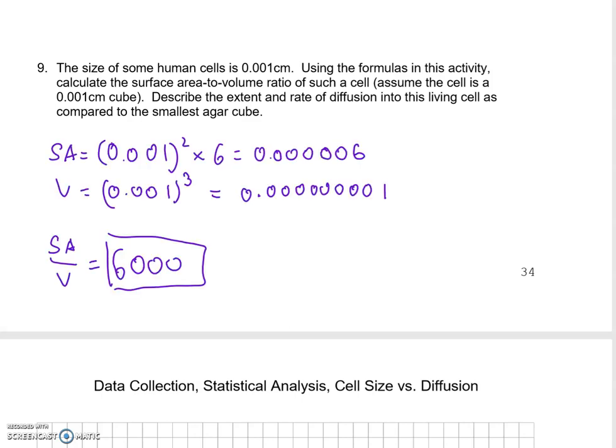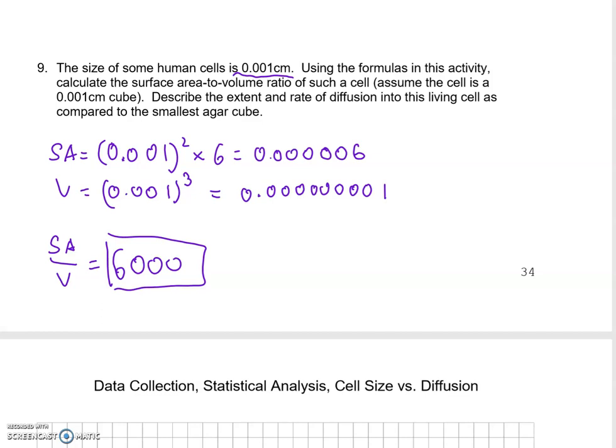The surface area of such a cube with the 0.001 centimeter side length will be 0.001 squared times 6 sides of a cube, and that's this number right here. And the volume of such a cube will be 0.001 to the third power, so cubed, and that's this number right here.